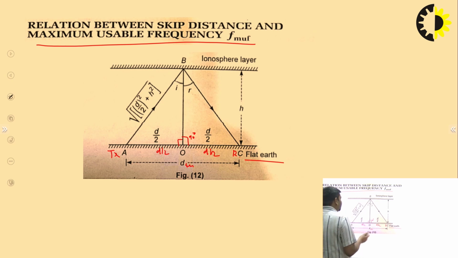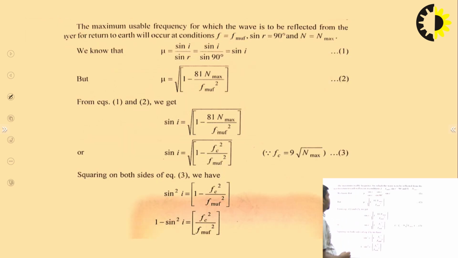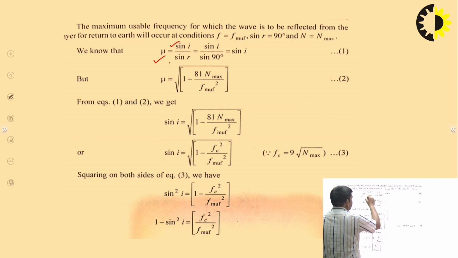This is the incident angle, this is the reflected angle. So we calculate mu is equal to sin i upon sin r, where sin r is equal to 90 degrees. That means f is equal to f muf.